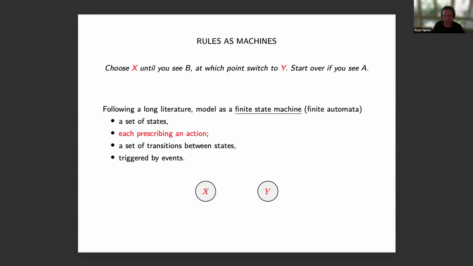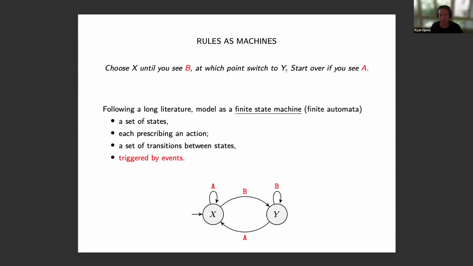In this state, the subject is supposed to type X. In this state, they're supposed to type Y. There's a series of transitions between states, and each of those transitions is triggered by one of the events in the environment. So what this rule says is start out choosing X, continue choosing X until you see a B, then switch to this state, start choosing Y, continue doing that until you see an A, then start over. And this is just the simplest automata model of this rule.